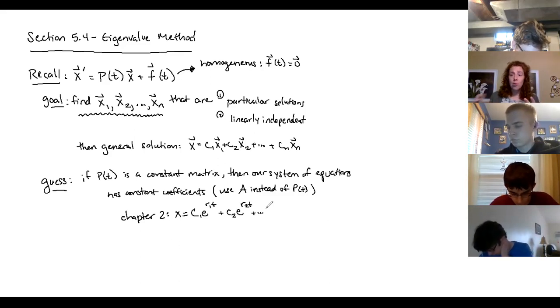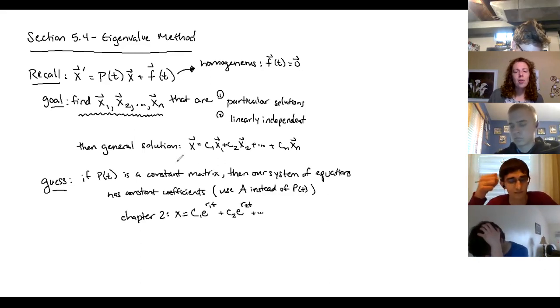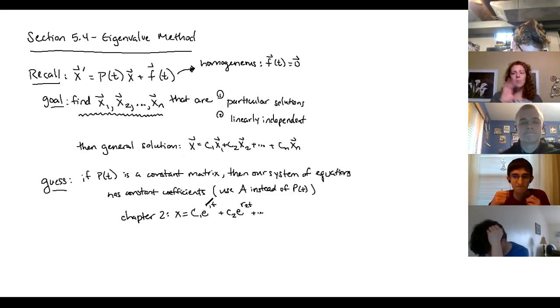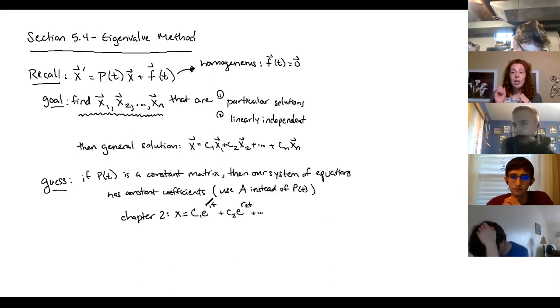If we had repeated roots, we put a t out in front. But in general, I got stuff with e's. Even when I had complex roots, we ended up writing them as sines and cosines, so we didn't have any complex numbers. But with Euler's formula, we still could have written those complex roots as exponents on e's. We just chose not to.